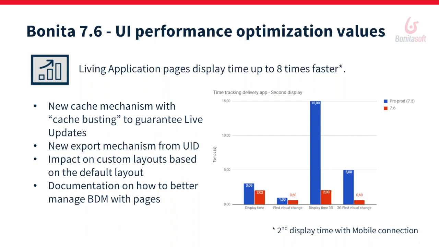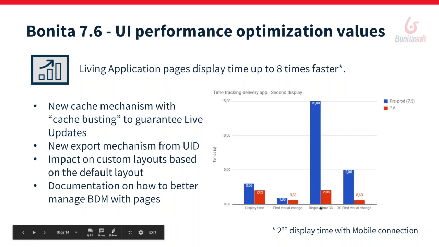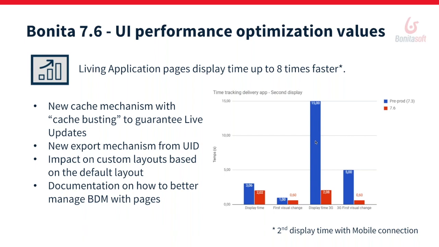First, on the front parts, we implemented 3 mechanisms that dramatically improved the performance, especially on slow connections, which is really important for us as we have a lot of projects that are displayed on a mobile device.